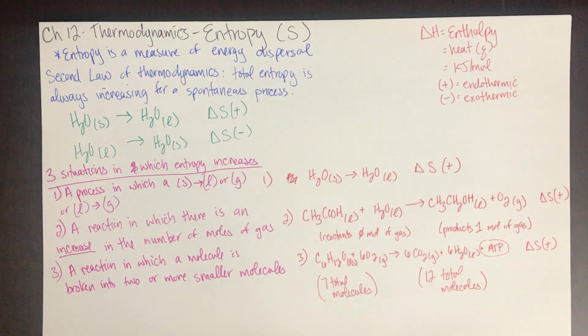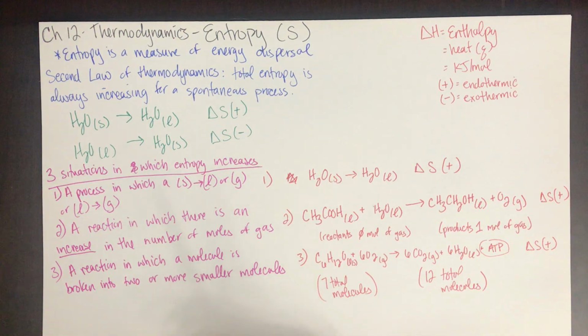So there will be some examples in your SmartWorks homework, in the PowerPoint lecture, in your textbook that will walk you through some different situations, and it will ask you to predict the sign of the entropy change. Will entropy be increasing? Entropy increases as disorder or dispersal increases.